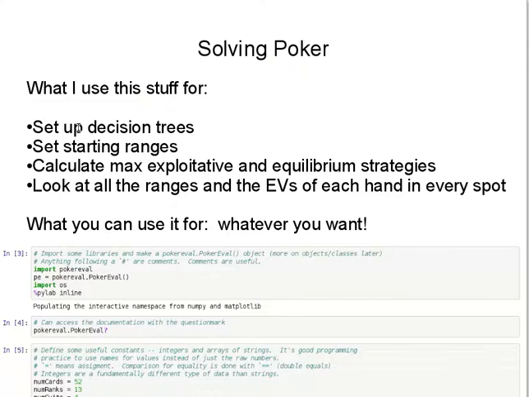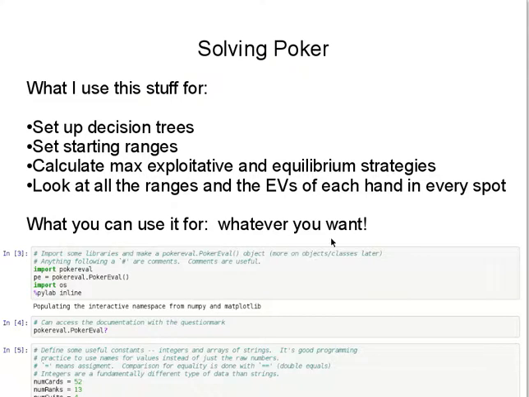I set up a decision tree for studying that spot, for all the ways play could go for the rest of the hand. I set starting ranges, and then I solve it. I calculate equilibrium strategies for the play of that subgame, and then I look at the strategies. I look at the ranges and the EVs of every hand in every spot, and I see how I should play certain hands.